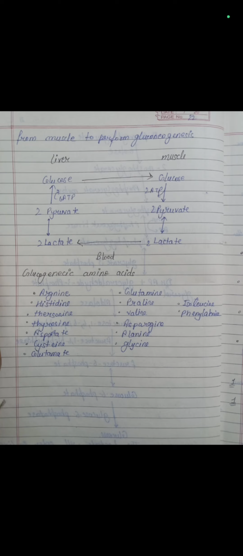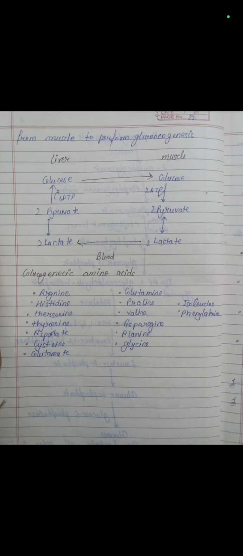In the liver there is glucose, and glucose is supplied to muscles, where it produces 2 ATP and is converted into 2 pyruvate, and then in reversible form into 2 lactate. These 2 lactates go to the liver, and in reversible form they are converted into 2 pyruvate, and 2 pyruvate uses 6 ATPs and is converted into glucose in the liver, and it is transported through blood.